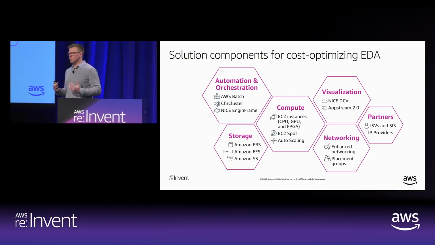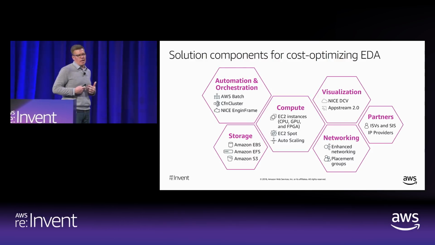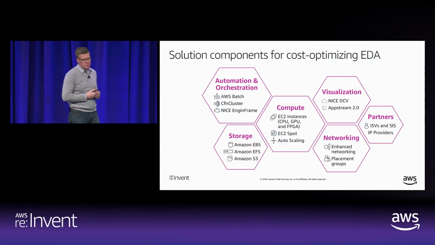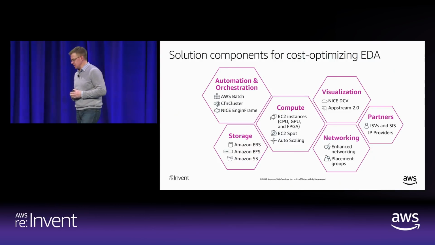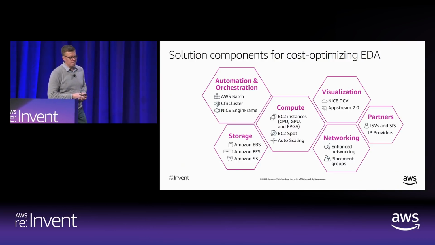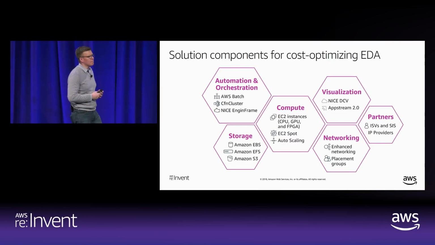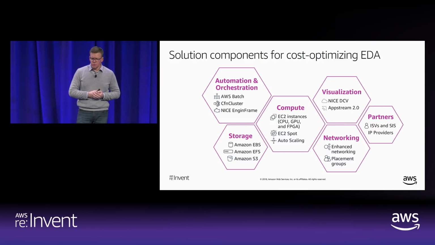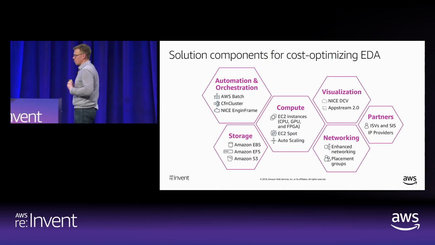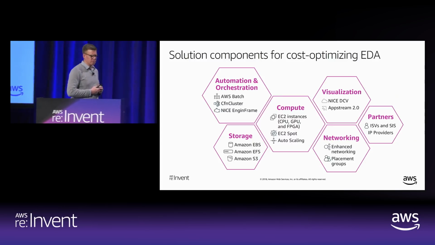I think this is a great short-term benefit for using the cloud and scaling out into the cloud. They're making a lot of improvements to the CFN Cluster tool, and I think it's something you should consider in your short-term plans. I haven't used NICE EnginFrame yet, but it's definitely an option to consider. So that's the automation and orchestration. I see Batch as the long-term approach for us. We are going to containerize, and I'll show you a little bit more about that later in the presentation.